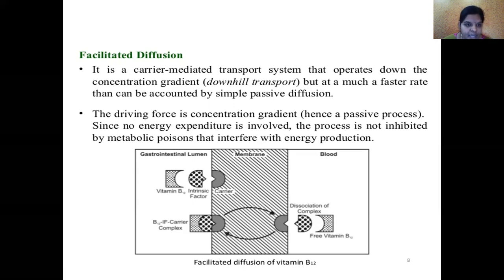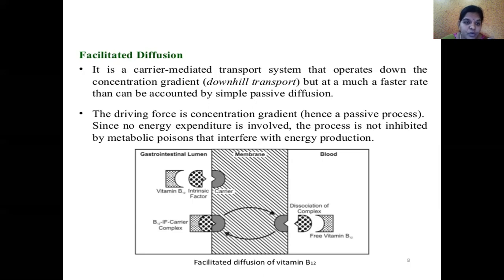Facilitated diffusion is a carrier mediated transport system that operates down the concentration gradient, downhill transport, but at a much faster rate than can be accounted for by simple passive diffusion.